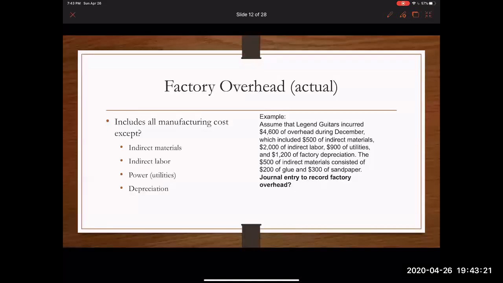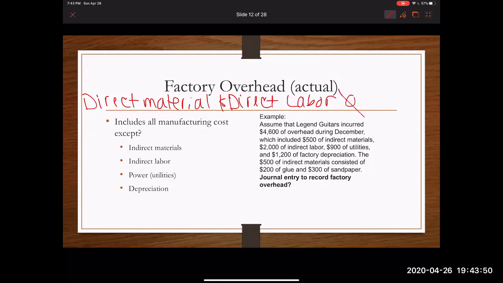Now, before we get into the journal entry, let's remember for a second, what is factory overhead? Well, factory overhead includes all of those manufacturing costs, except it does not include direct materials, and it does not include direct labor. It's a catch-all. So what's included in factory overhead?